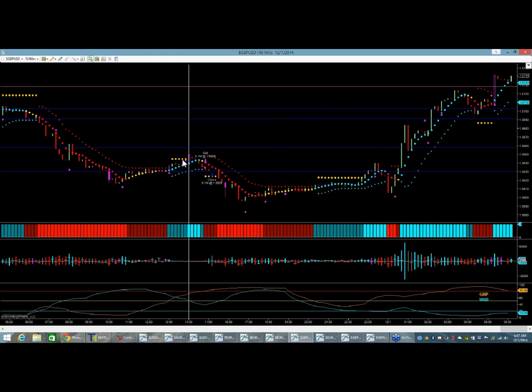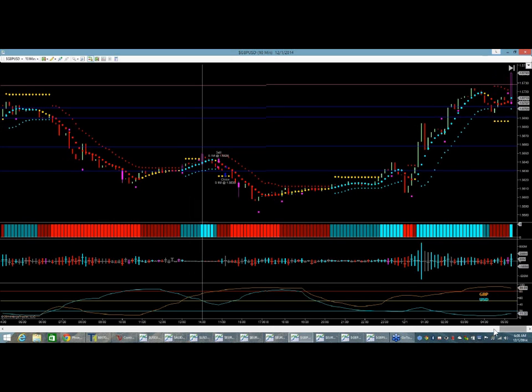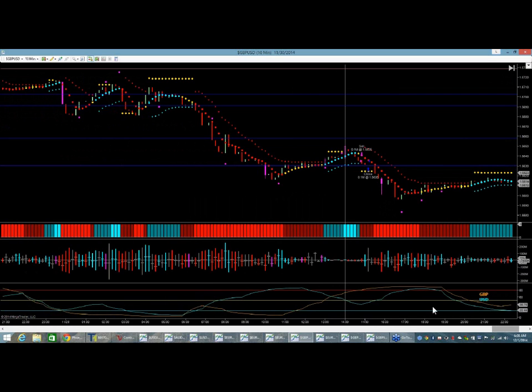This was pretty much a continuation move of Friday, where this trade ended up coming down south. It's amazing how the significance of this indicator gives you an edge of really what's happening.